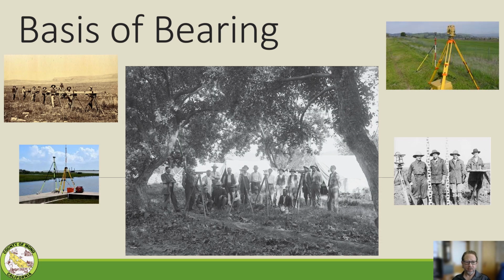Now you might be saying, hold on a sec, what do you mean we need to adjust the bearing? Isn't north north? Shouldn't we only have one bearing? And the answer is, well, not really. We have different coordinate systems, different methods of determining what is north, different types of equipment, and different methods of surveying, and they all have their various degrees of accuracy.